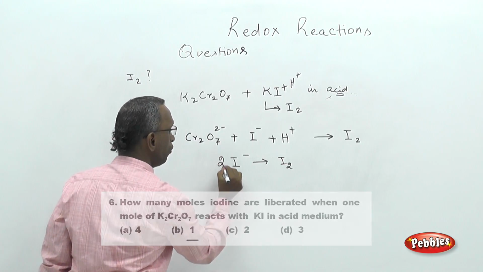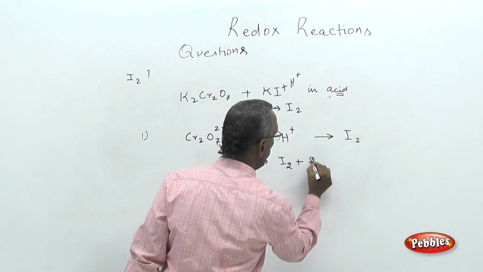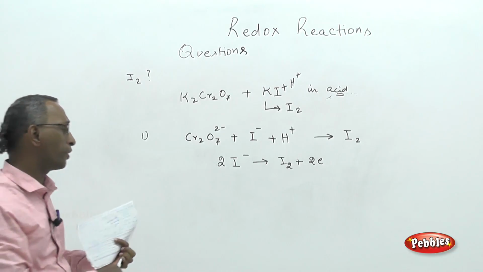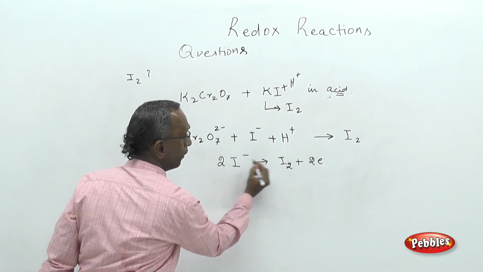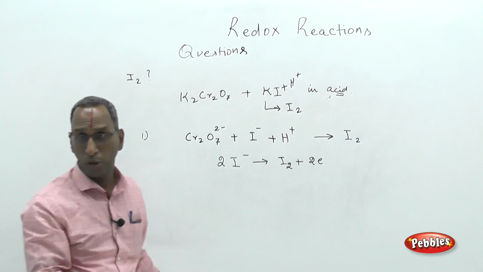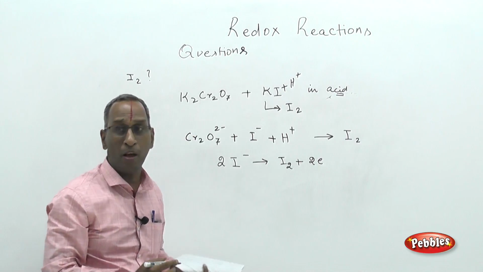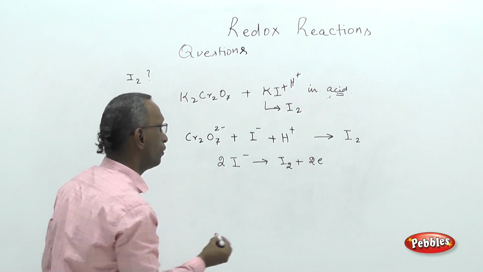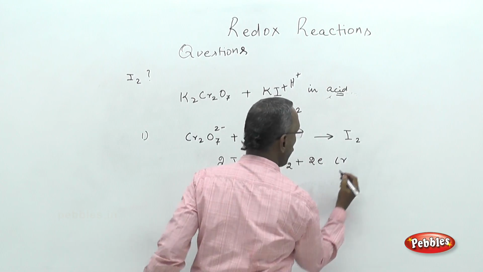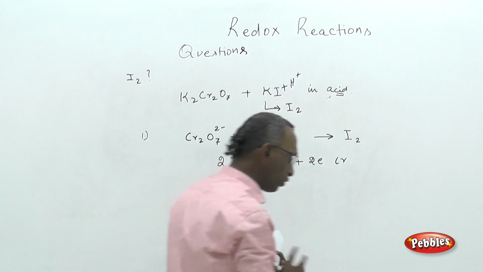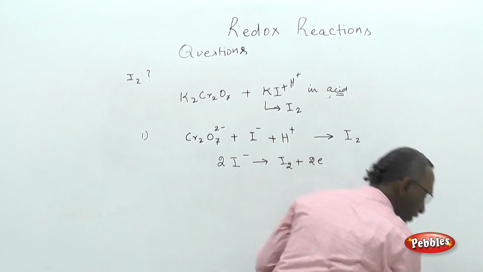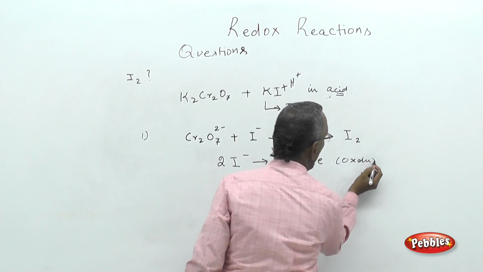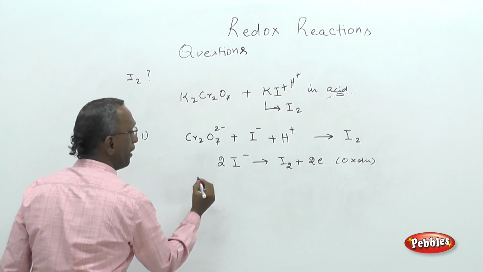If you balance, 2I minus gives I2 plus 2 electrons. The oxidation state of iodide is minus 1 and of I2 is 0. So iodide is oxidized to iodine. If one reaction is oxidation, the other reaction is reduction. We have to identify what happens to chromium.